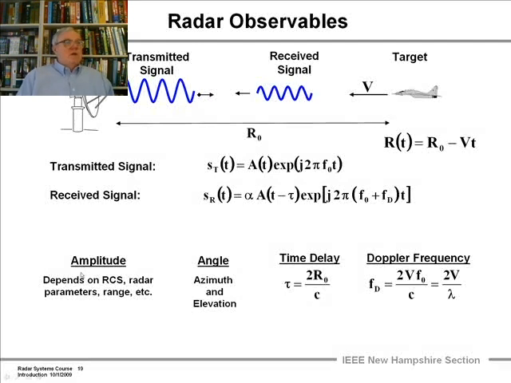So we're going to be able to measure the amplitude of the target, which depends on the radar cross-section. We're going to have a whole lecture on that. Just take my word. It depends on the parameters of the radar, how powerful it was, and the range, how far away you were. We're going to have directionality from the antenna. The beam width of the antenna is going to be relatively narrow, hopefully, so that we'll be able to measure azimuth and elevation to certain accuracies.